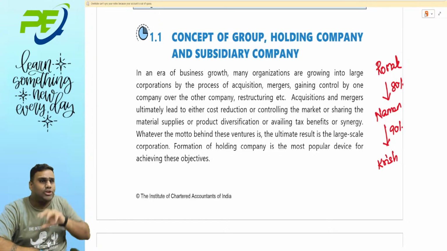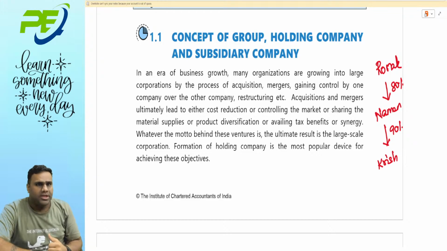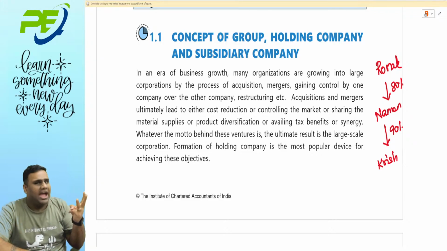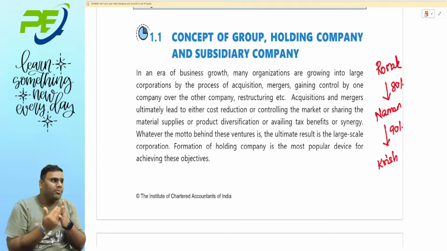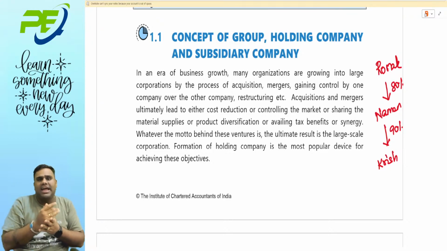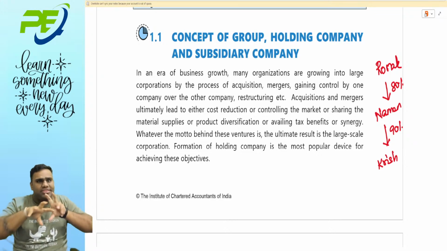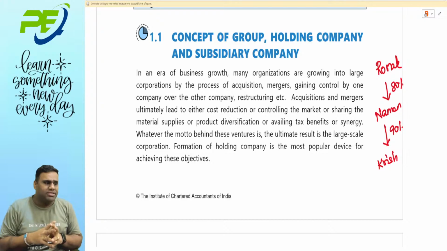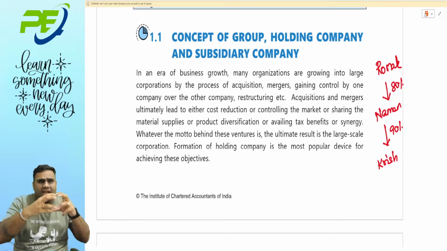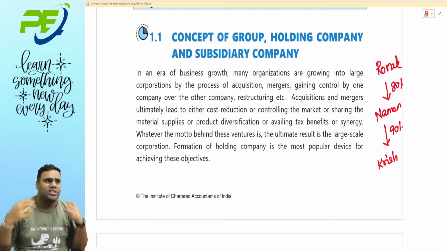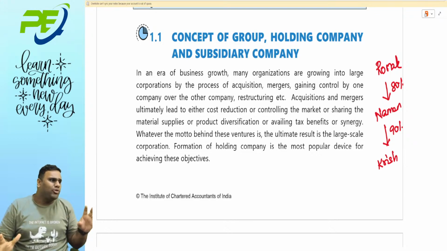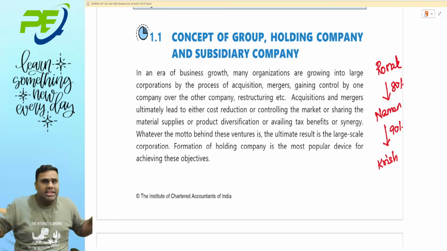When we talk about conglomerates in India, we all know Adani, Ambani, ITC, Tata, Aditya Birla. These are conglomerates because they are in multiple businesses. How do they run these multiple businesses smoothly? They do business on a large scale.